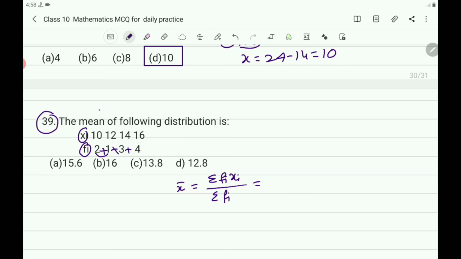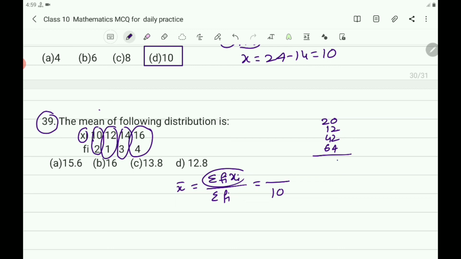How much is it? 2 plus 1 is 3, 3 plus 3 is 6, 6 plus 4 is 10. Then sigma fi xi: 1 into 2 is 2, 2 into 1 is 2, 3 into 2 is 6 and 4 into 4 is 16, and so on, giving sigma fi xi equal to 138. 138 by 10 you will get 13.8. So option C is the answer, 13.8.